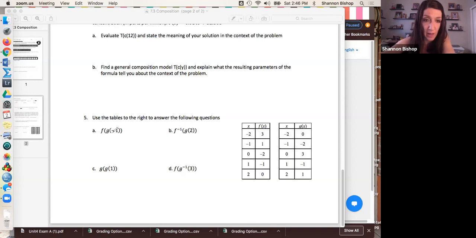So I see a -1 and it's in parentheses, and it's the input of the function named g. Okay, so first of all, since I'm inputting to the function named g, which table should I even be looking at? The table with f of x or the table with g of x? Definitely g of x.